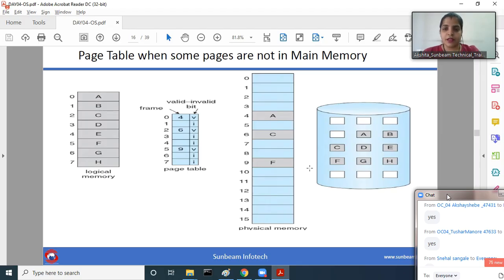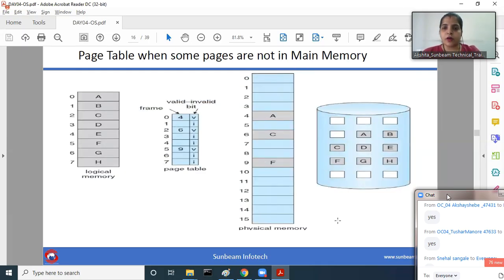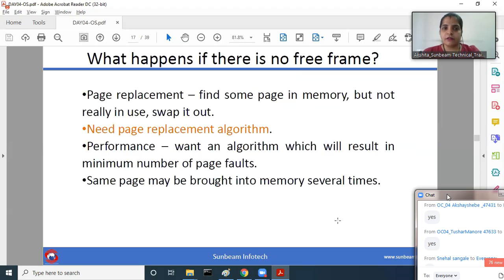Yes. Now, when I say victim, whether I have to go for A, for C, or for F, for that we have something called a page replacement algorithm. We need to find some page in the memory which is not really in use and swap it out.